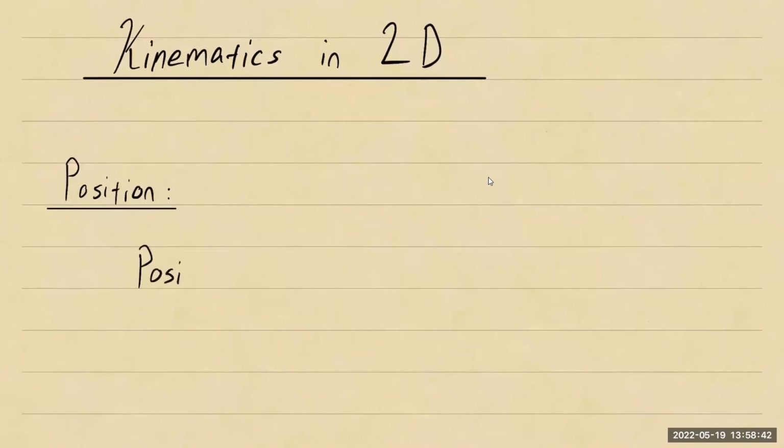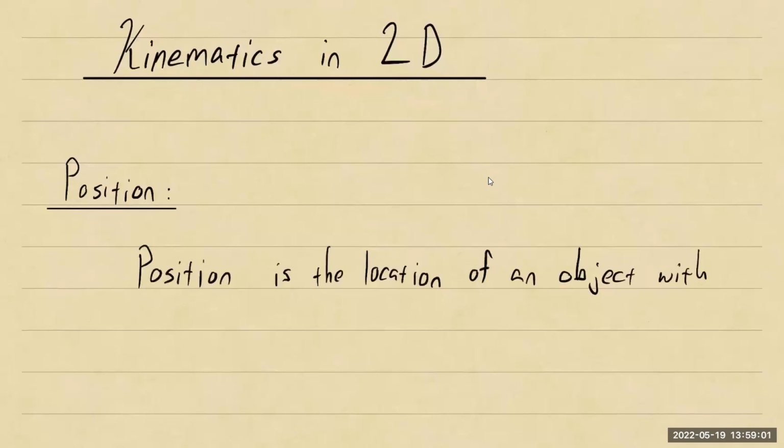The position is the location of an object with respect to a reference frame, which we call a coordinate system.